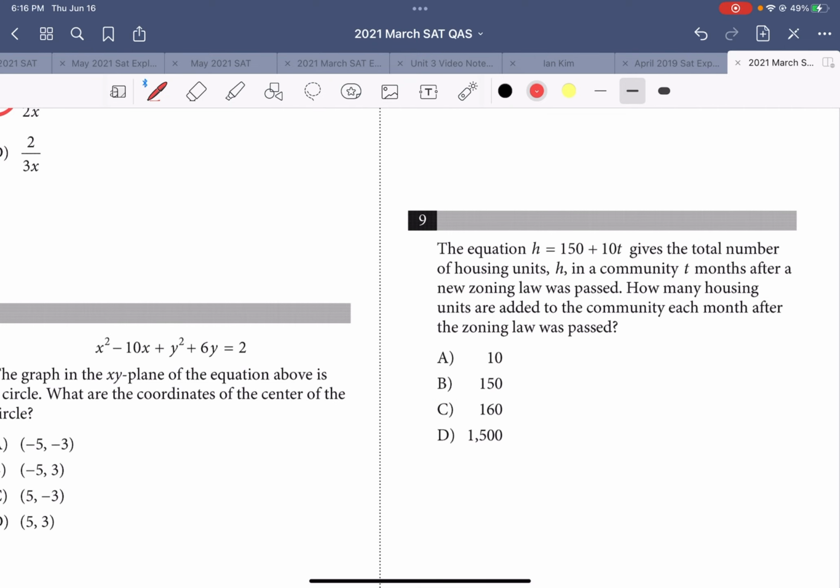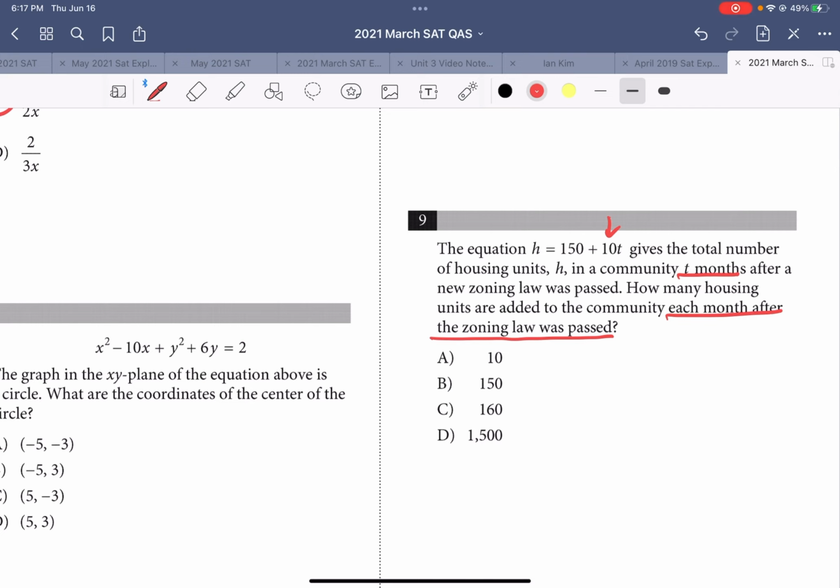Number 9. The equation h equals 150 plus 10t gives the total number of housing units, h, in a community t months after a new zoning law was passed. How many housing units are added to the community each month after the zoning law was passed? Okay. So each month is represented here by 10, right?